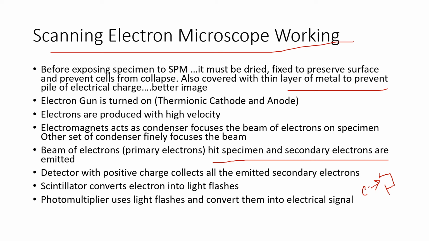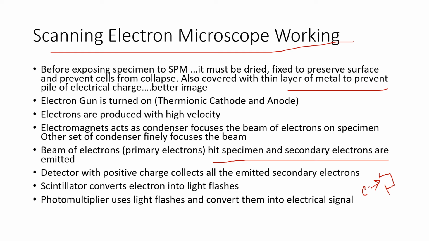So to ensure that none of the electrons go uncollected, we have a positive terminal so that they get attracted and then collected. Secondary electrons will be collected by secondary electron detectors.